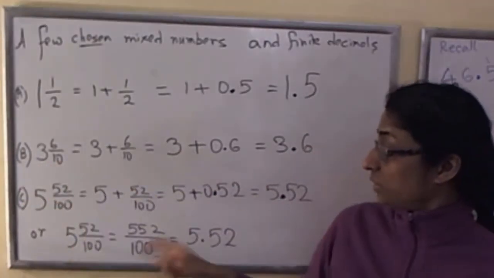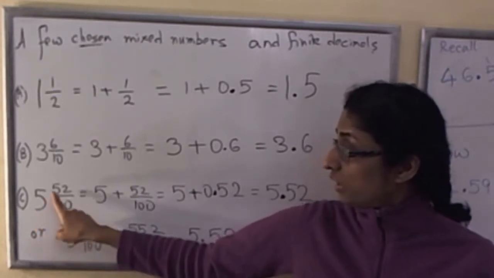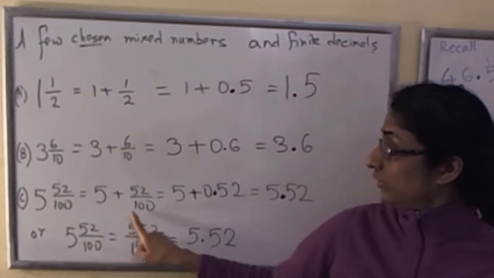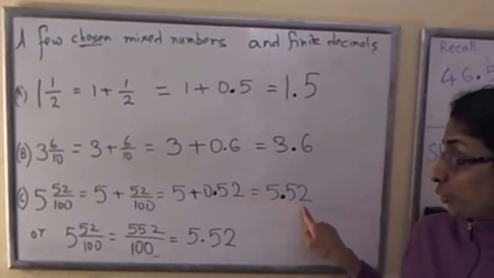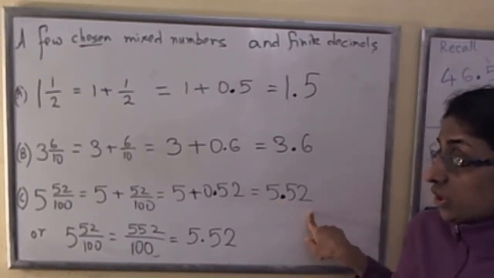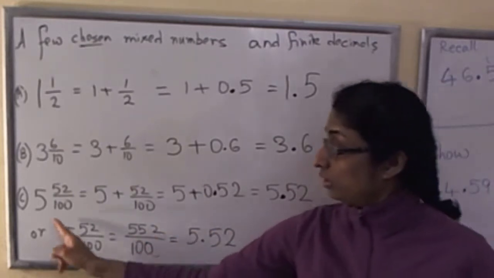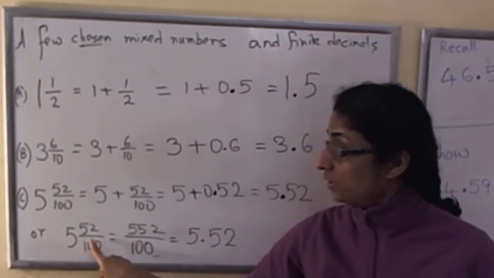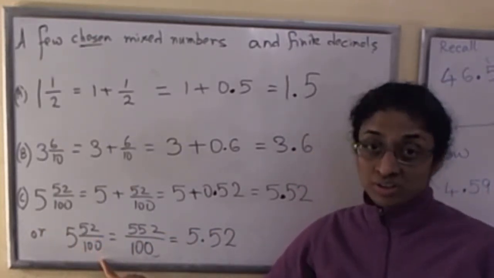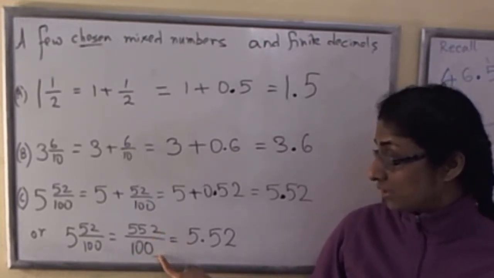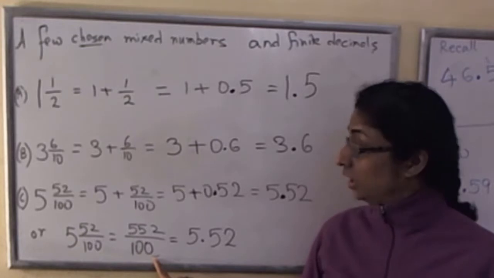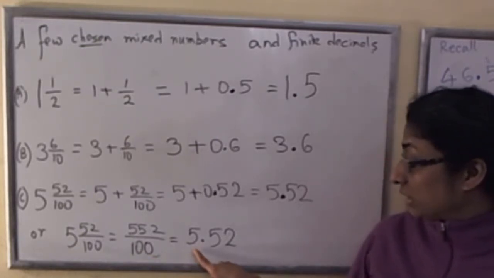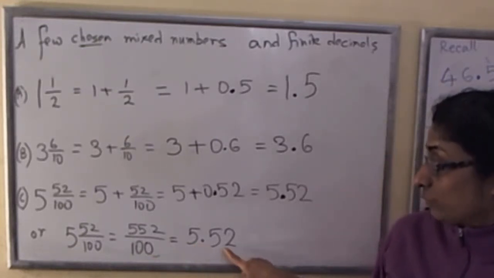And here in a similar manner, I have the mixed number 5 and 52 over 100. Proceeding in a very similar manner, we can get 5.52. Or there's also an alternate way we could proceed. We could start out with the mixed number 5 and 52 over 100, convert it into an improper fraction, 552 over 100. So here we actually have a decimal fraction, which we can rewrite very quickly as a finite decimal, 5.52.